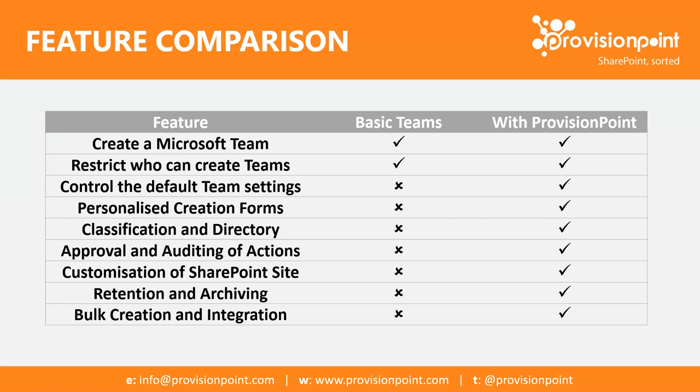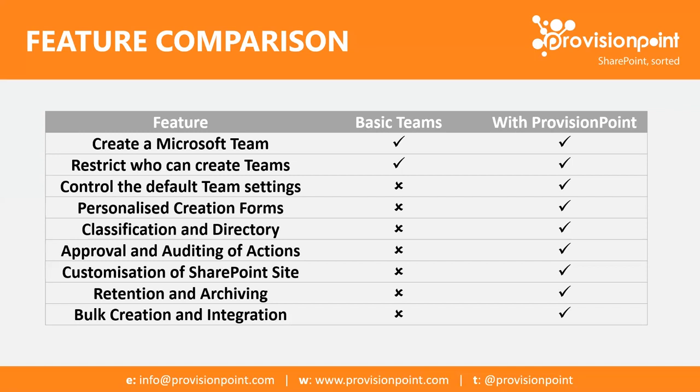We can see that capability which Provision Point offers by looking at this feature comparison chart. Sure, within the Teams app, you can do things like create a Microsoft team. Wider in Office 365, you can apply settings to control who can create teams. But that's all you can basically do around governance.